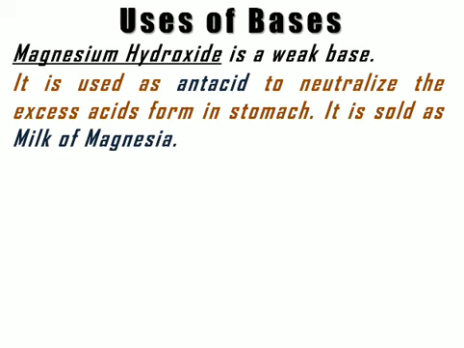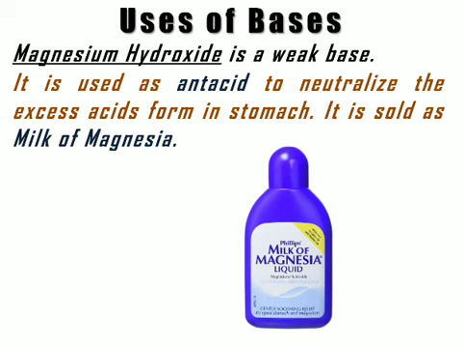Antacids are used as medicine to relieve the acidity which appears in our stomach. To neutralize that acidity problem, we can use this antacid, and it is sold under the name milk of magnesia. Why do we call it milk? Because it is a white liquid. This is the packing of milk of magnesia. It is liquid in form, and it is used to relieve stomach pain when acidity is there.